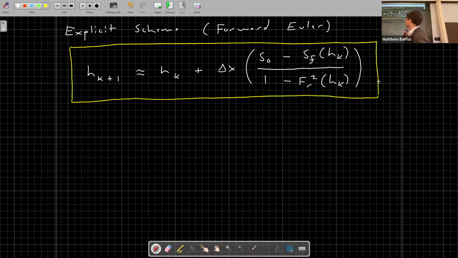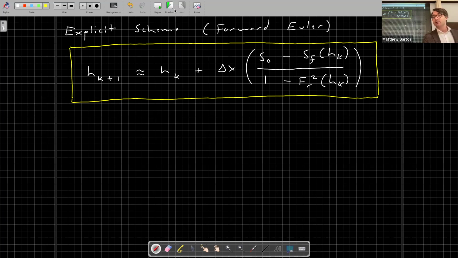So this is something that you will encounter at some point, no matter what your specialization is. This is probably the most common and easiest way of solving a nonlinear equation numerically. So let's go through how to do this. I'm going to go step by step for an example problem.